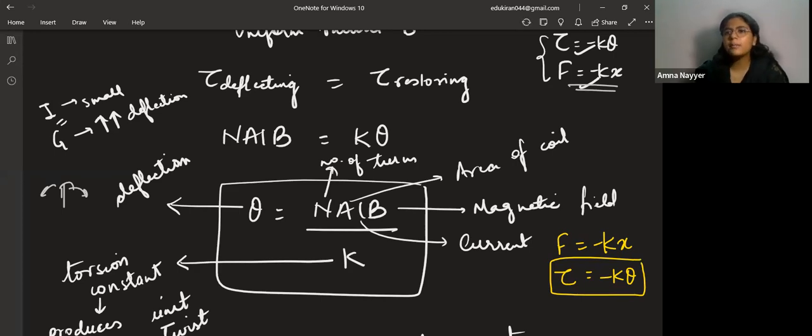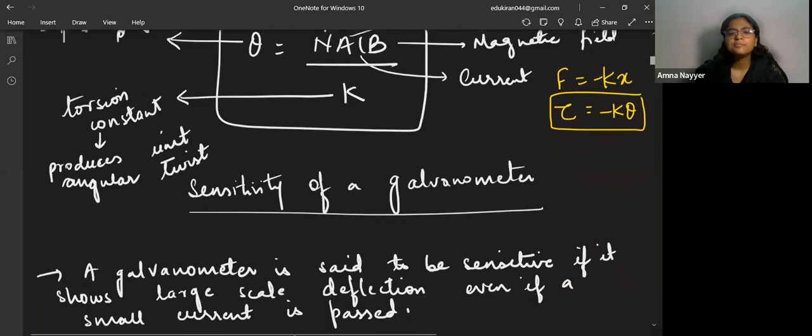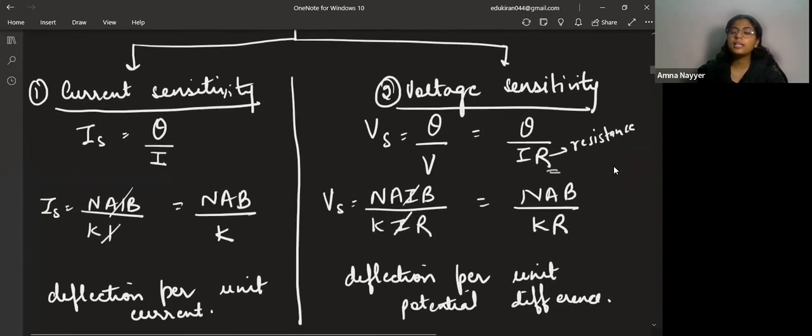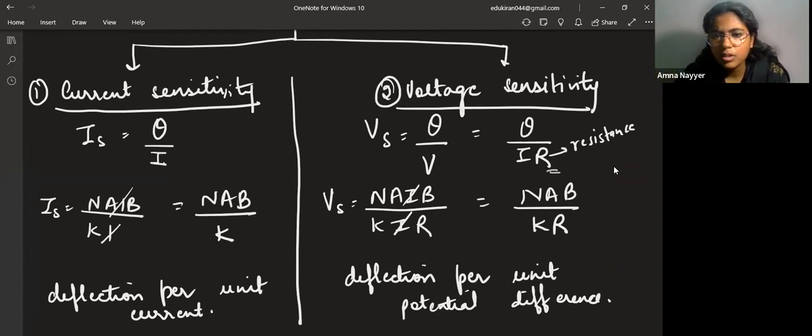Now, depending upon deflection, you have the concept of sensitivity. So what does sensitivity mean? In general, even for humans we say a person is sensitive. What is meant by the term sensitive? When a small stimulus gets a large reaction, that is what is meant by sensitive.